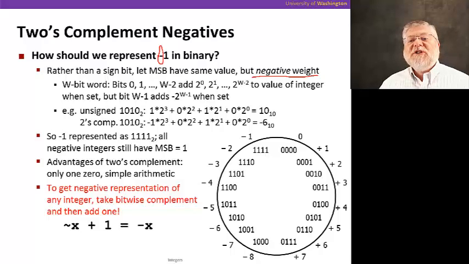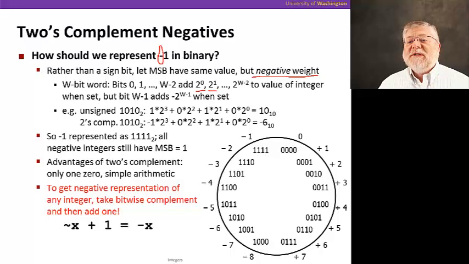Remember, each of the bits has a certain weight corresponding to the column that they're in. So bits 0 through the second to last bit represent the values 1, 2, 4, 8, 16, and so on.